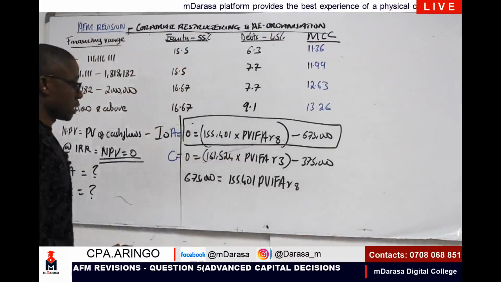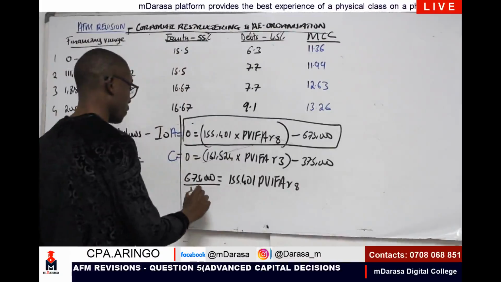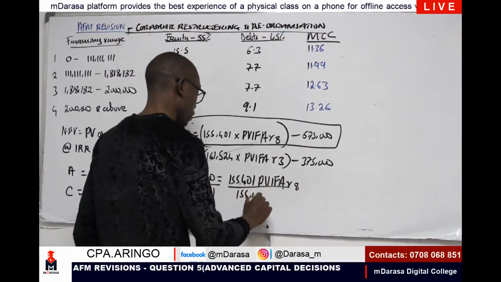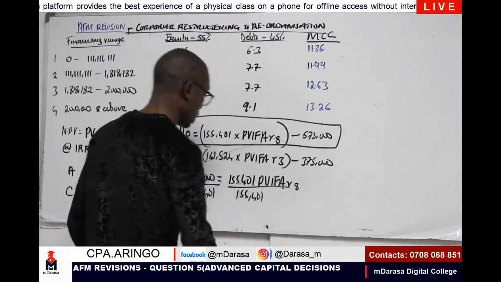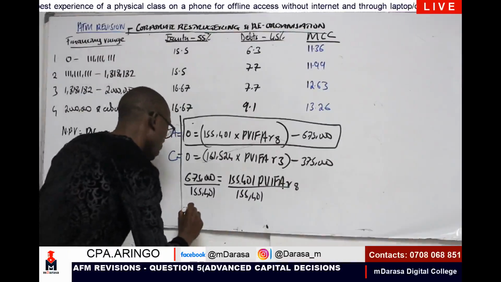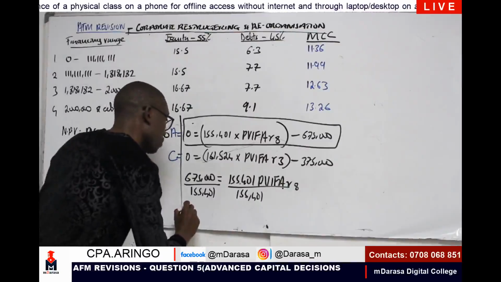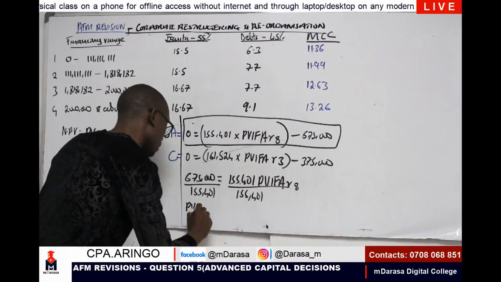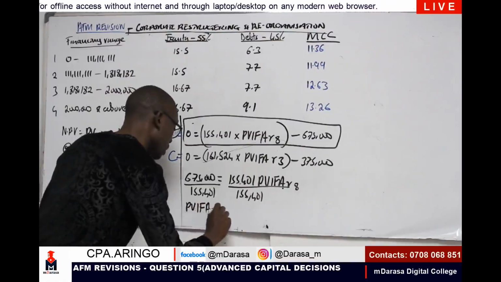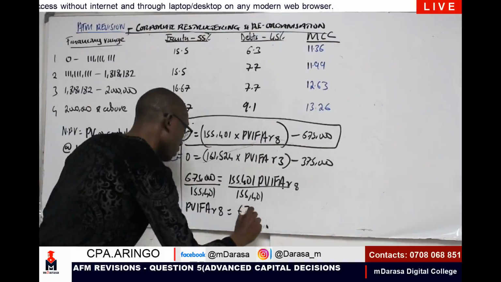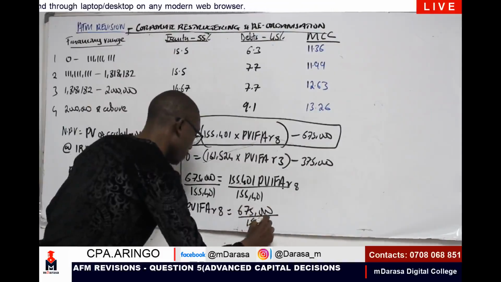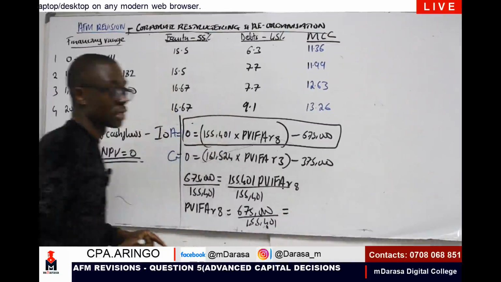So in this case, I divide all this by 155,401, so that they cancel each other, and we can therefore agree that this time I'm having my present value interest factor annuity given my rate, 8 years, to be 675,000 divided by 155,401, right?